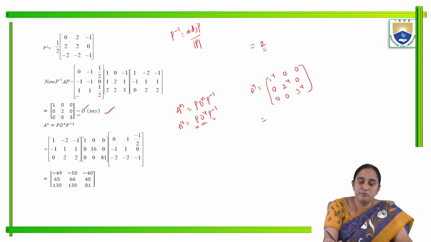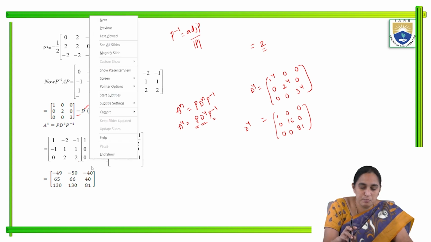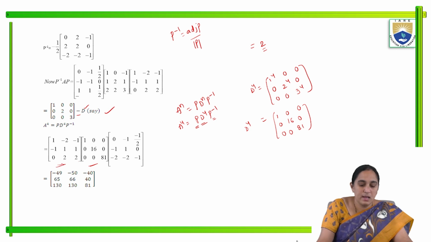So 2 power 4 is 16 and 3 power 4 is 81. That is D power 4: 1 0 0, 0 16 0, 0 0 81.